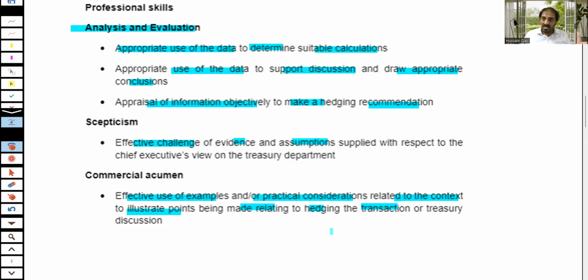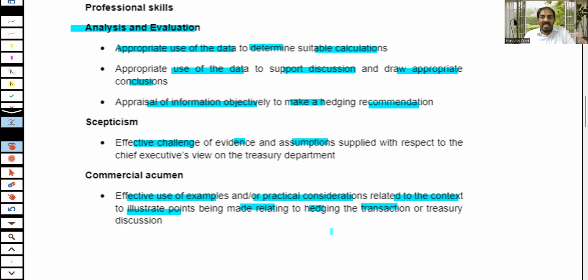Here, the assumption is the margins. You critique with skepticism as well, but also incorporate your knowledge that initial margin and variation margin affect the decision on the futures contract because they actually impact the cash flow of the business. That's a key point.